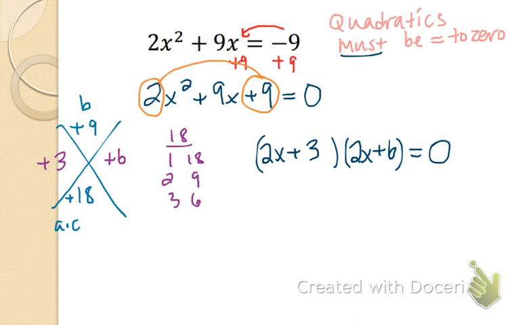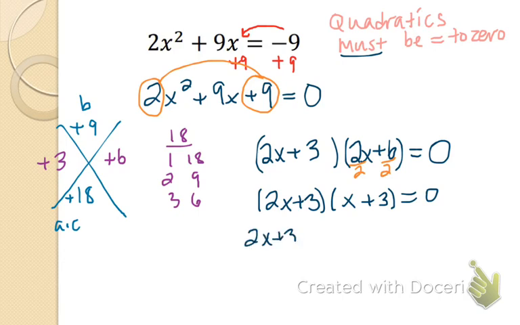It gives you 4. 3 times 6 does not give you 9. It gives you 18. So one of these binomials has to reduce, make it smaller, and it's going to be the second one here. So our first binomial remains the same. The second one reduces to x plus 3. Both of these are equal to 0.